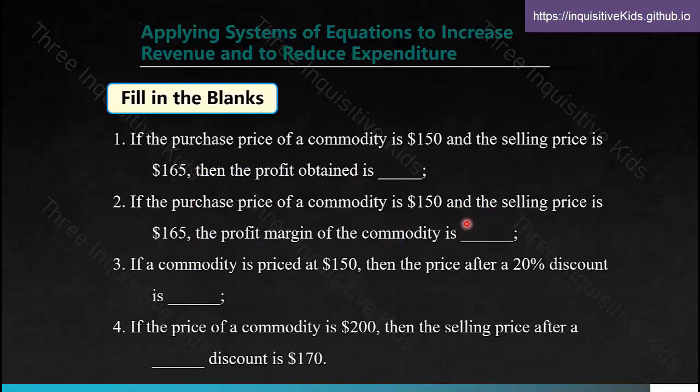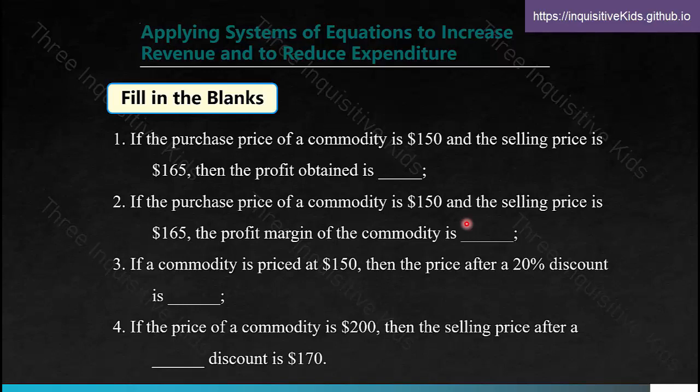Here we're going to dive into applying systems of equations to increase revenue and to reduce expenditure. In money economics, this is not an economics course, but we're going to go over some keywords and vocabulary that's going to be used. Revenue is the income, the amount of money that comes into your business, just the money that you earn.